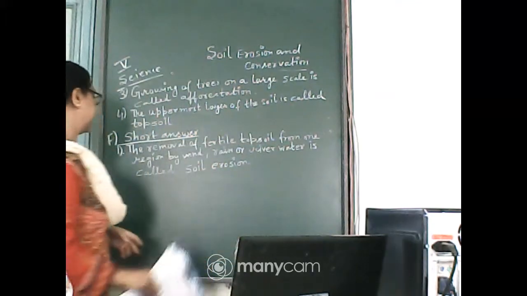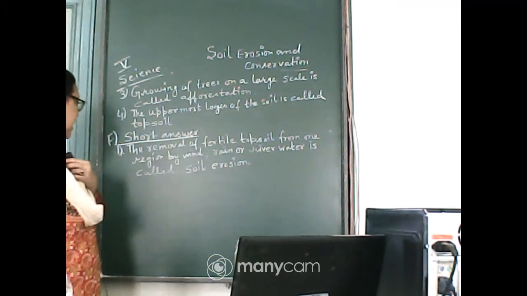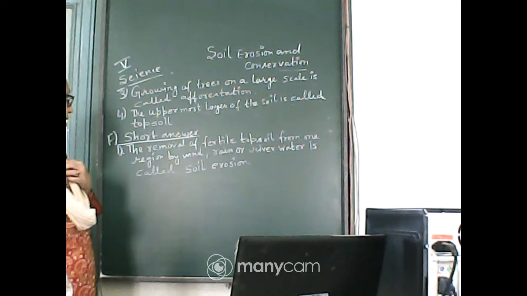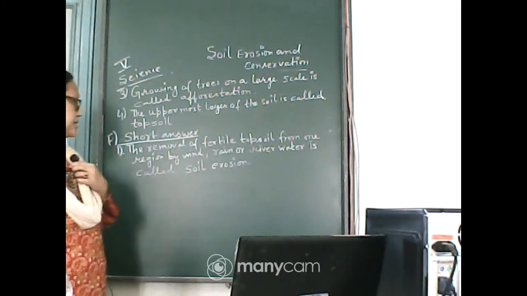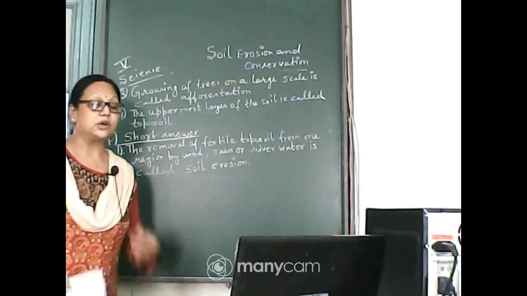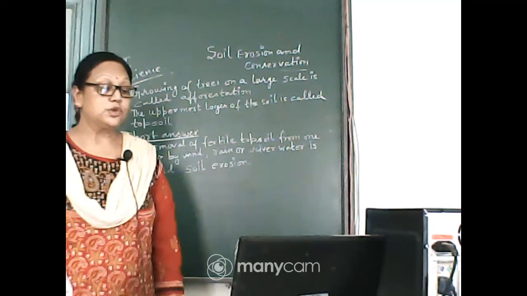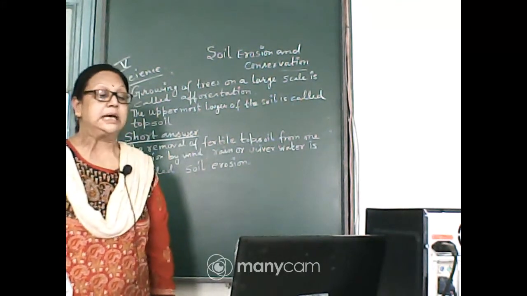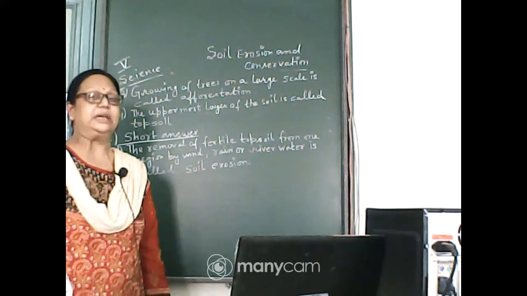So the answer is the removal of fertile topsoil from one region by wind, rain, or river water is called soil erosion.